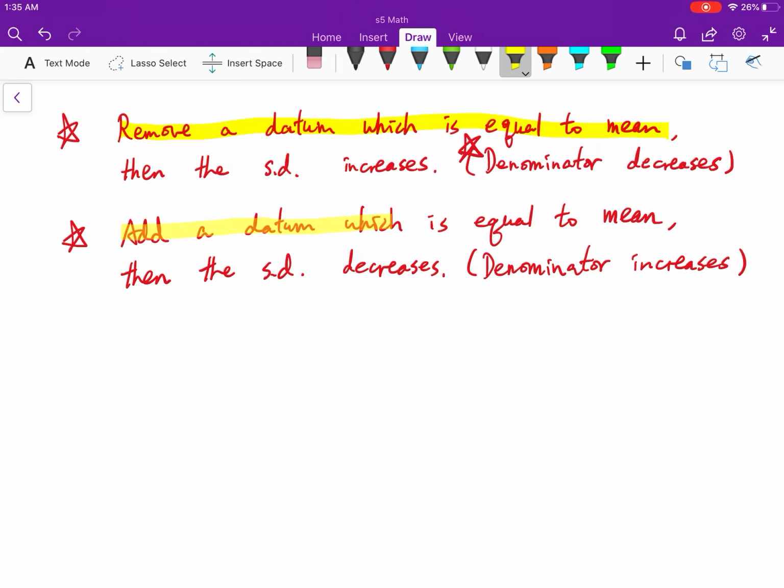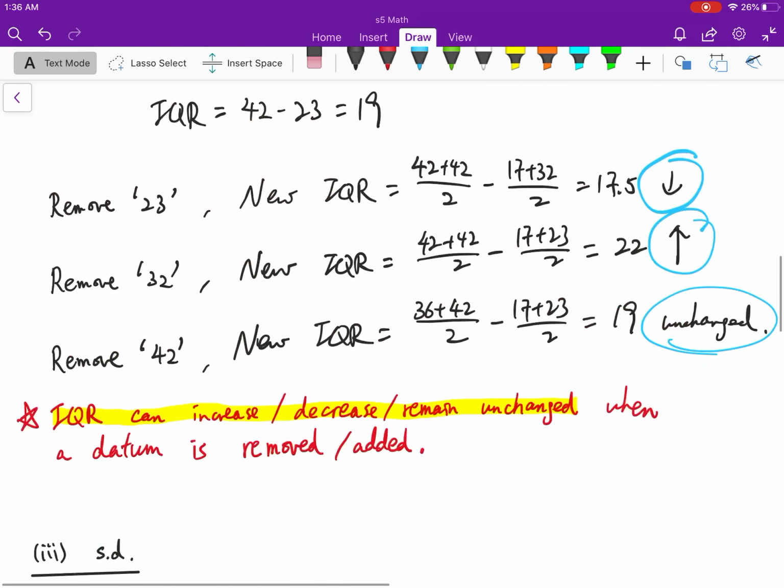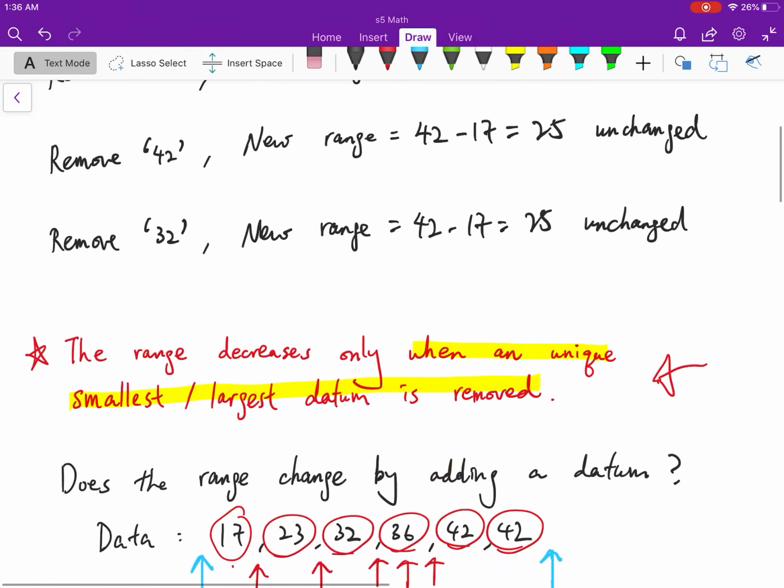So when the denominator decreases, the SD will increase. Similarly, on the other hand, if you add a datum which is equal to the mean, then the number of data increases while the numerator is unchanged, so the SD will decrease.